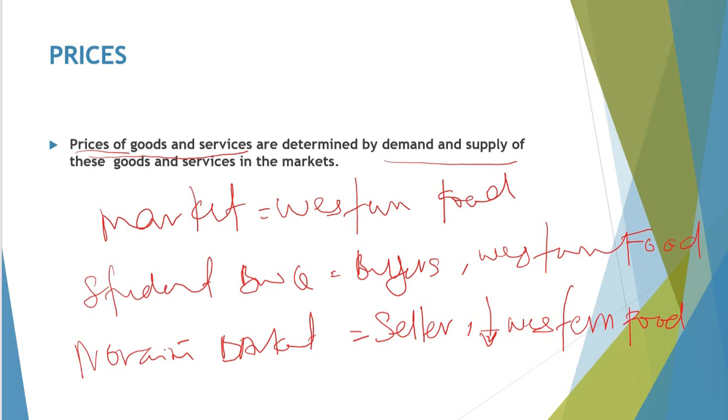What happened to the price of the Western food? The price of the Western food will spike. Kenapa? Sebab buyers demand more of the Western food, but seller only provide a limited amount of the Western food. So the price of the Western food increases. So this is what it meant by this very statement: the price is determined by the demand and also the supply.